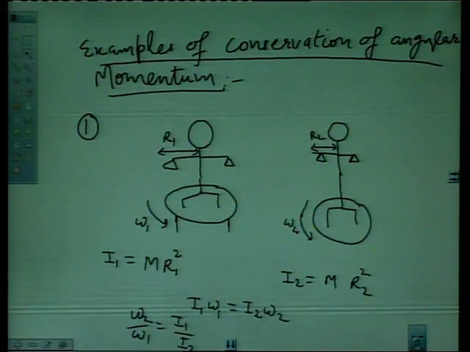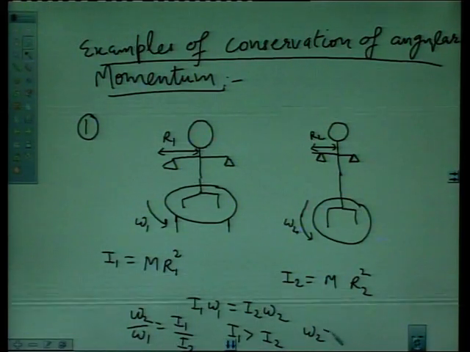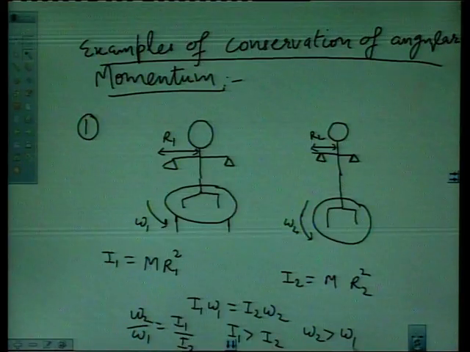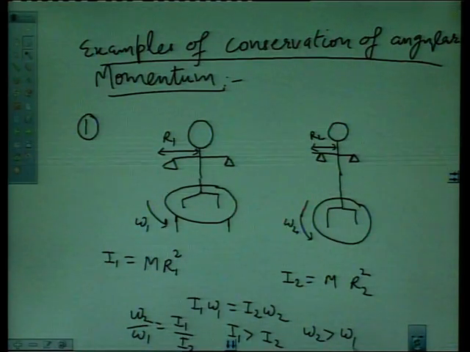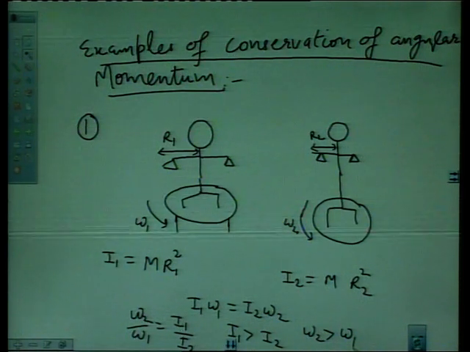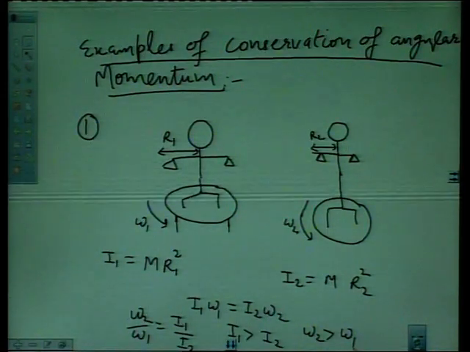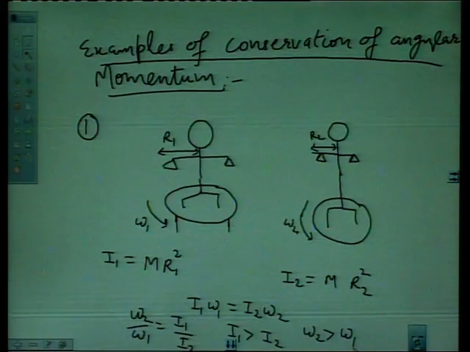As I1 is greater than I2, omega 2 is greater than omega 1. So, if a person standing on the turntable stretches his arms inside, then his angular velocity omega 2 is more as compared to omega 1. So, this is the first example.